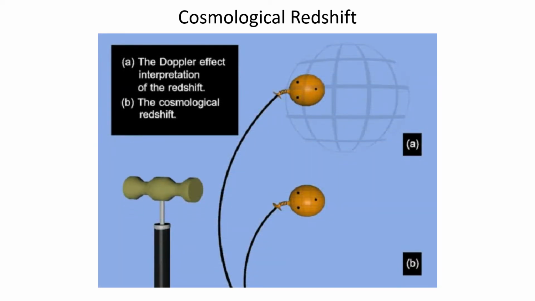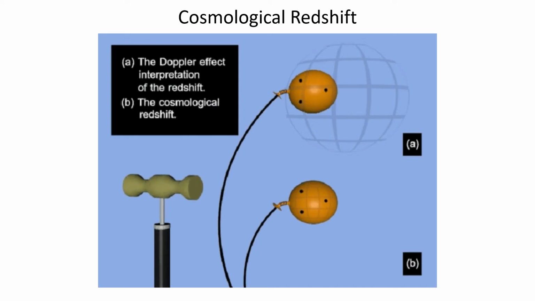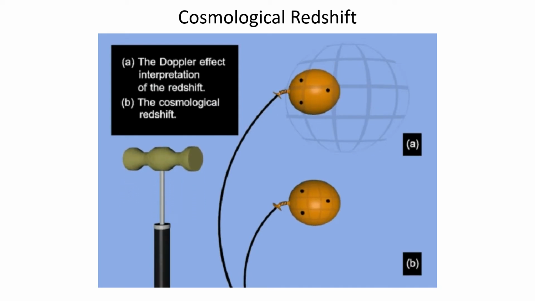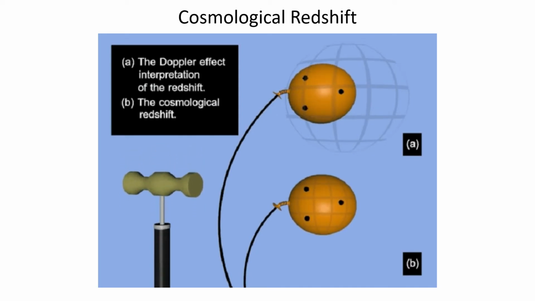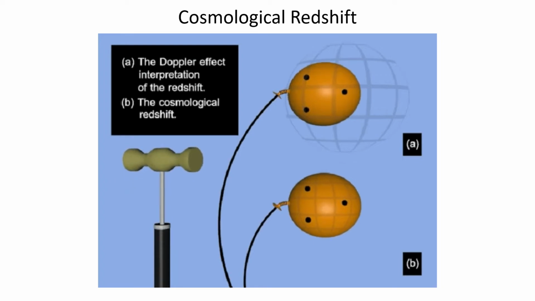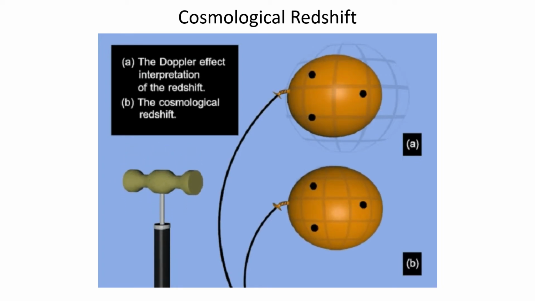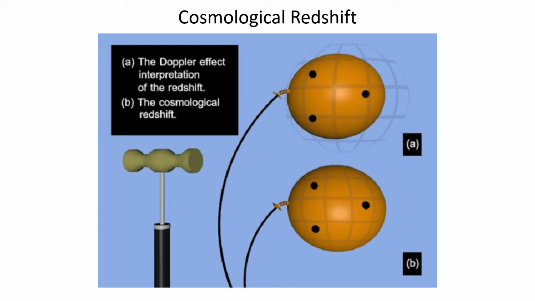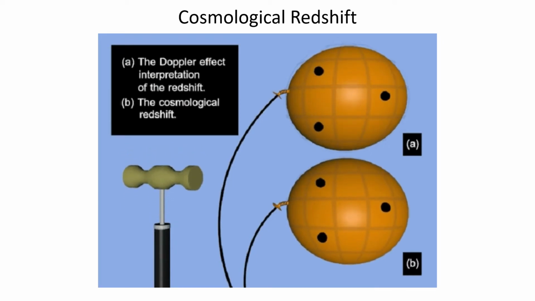But look at the distinction here between that and the diagram on the top, where the balloon is expanding within a fixed space. Now there, the ants, or dots on the balloon, are moving with respect to a fixed framework. That's what a Doppler shift would be, because in Doppler shift we have a reference frame for measuring motions, for measuring speeds of things, like moving cars or moving planets within the solar system.